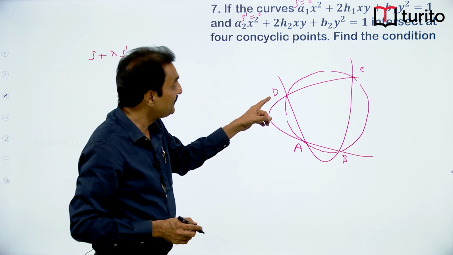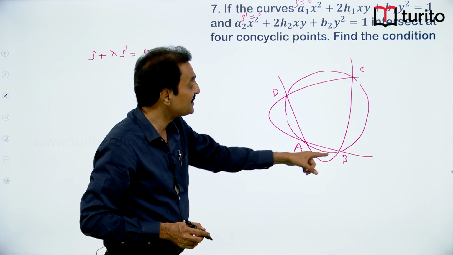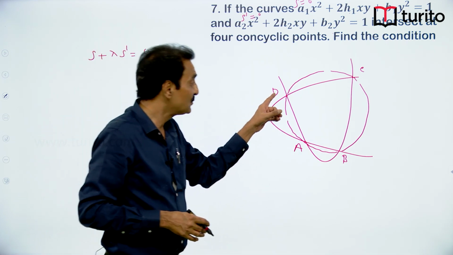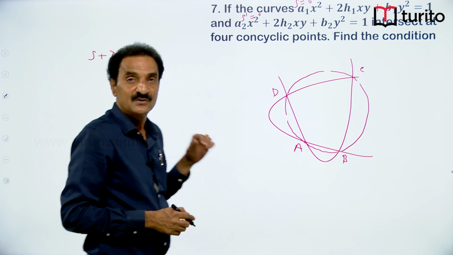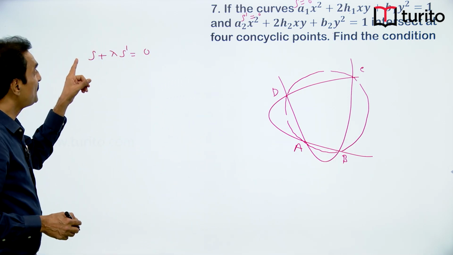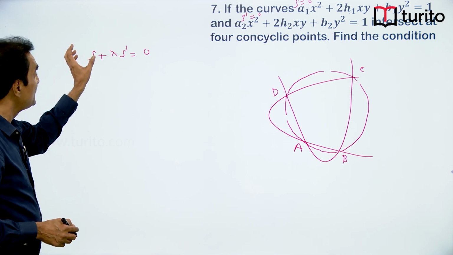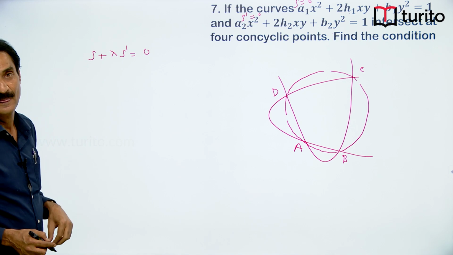Now if the 4 points are concyclic, then there exists a circle passing through these 4 points. So we have to find the condition such that this equation represents a circle.